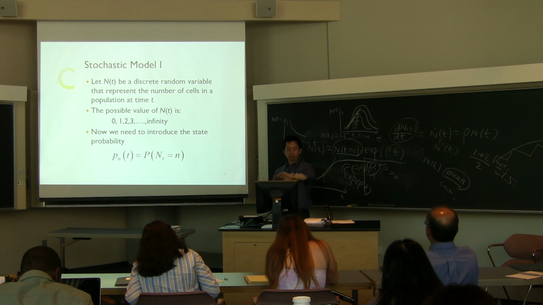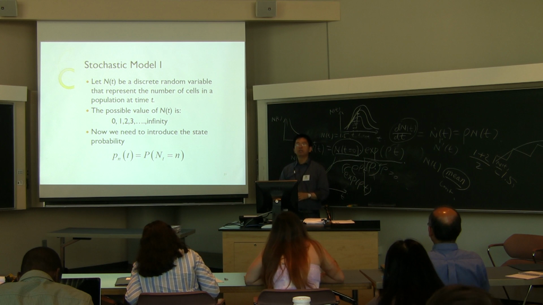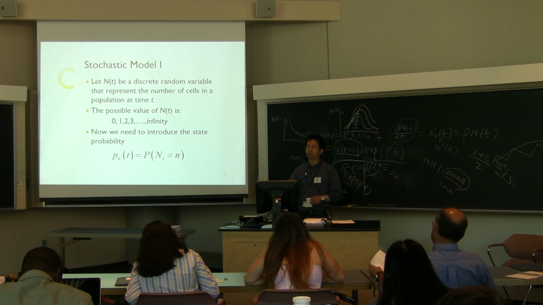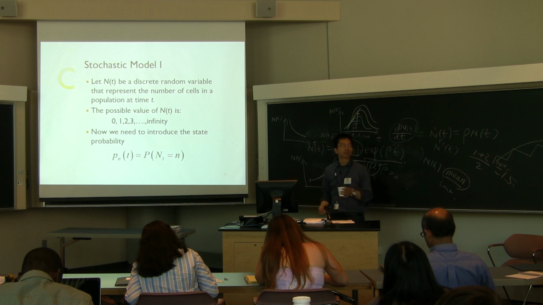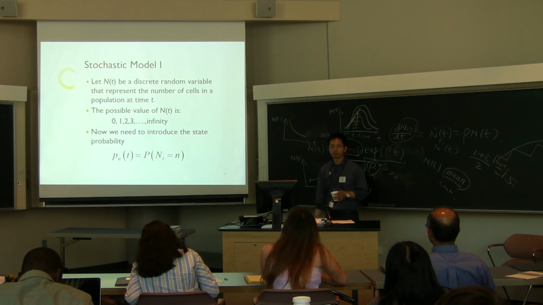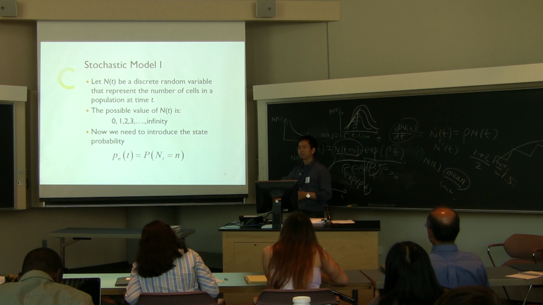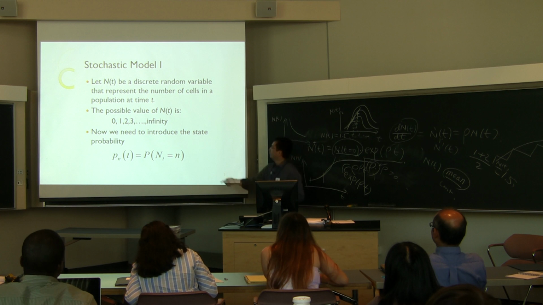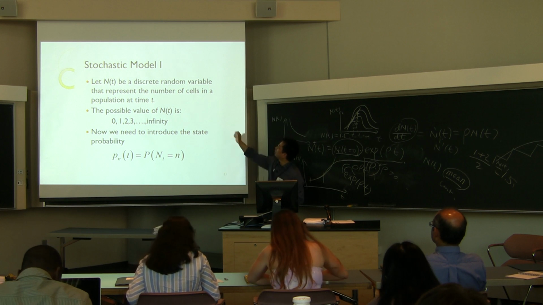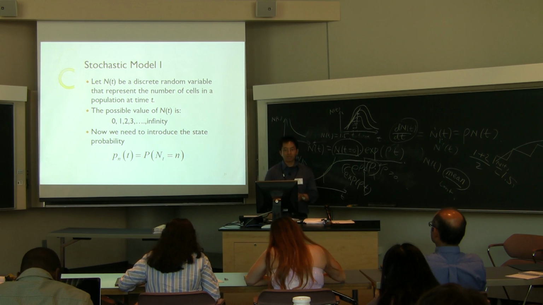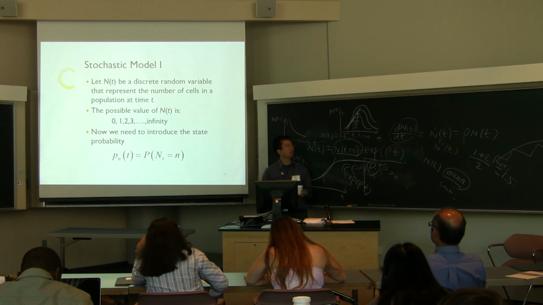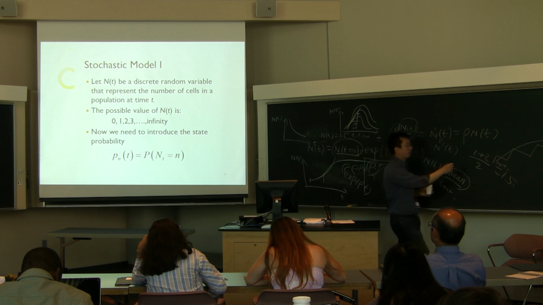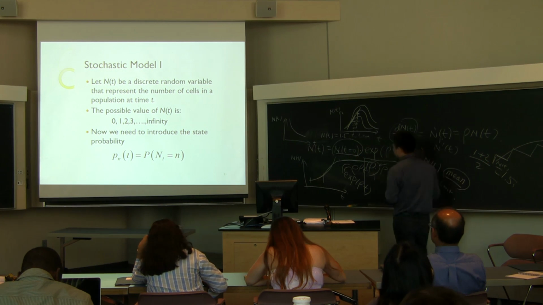Finally, I think I'm over time, so let's spend just one minute to go through the stochastic model, because that's really not my focus. Tomorrow we're going to spend a whole day on ODE, and Catherine will be the one who cares about the stochastics. But the basic idea is that if I use the stochastic model, like I mentioned before, I can directly model the number of cells, which means I will get an integer for the number of cells.